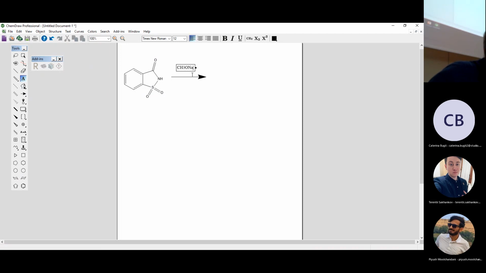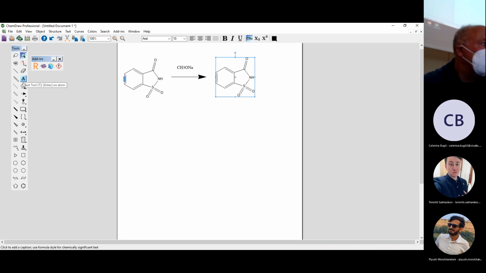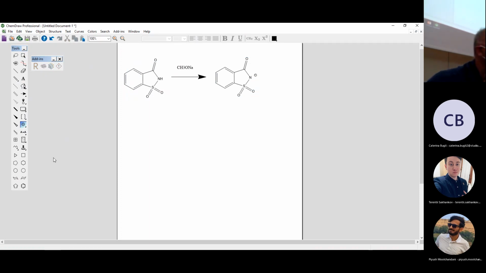Sodium methoxide is a very strong base. We have already described this type of base. And so we can have this situation. Minus charge in this position, plus BrCH2COOR.